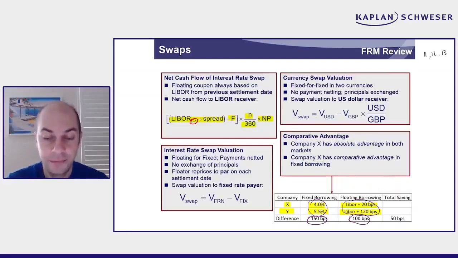So on a relative basis, X holds a comparative advantage in the fixed market. It can borrow more cheaply in the fixed market. So therefore, X is advised to borrow fixed at 4%.